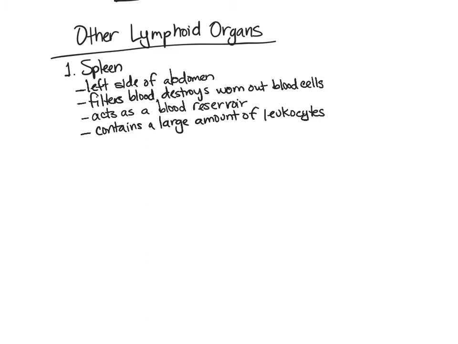All right, so that's pretty much it for the spleen. It does a similar function. It's going to target different bad guys, bacteria, viruses, cancer cells, and things, label them, and tell the immune system what they look like. The second lymphoid organ that we'll talk about is the thymus gland.